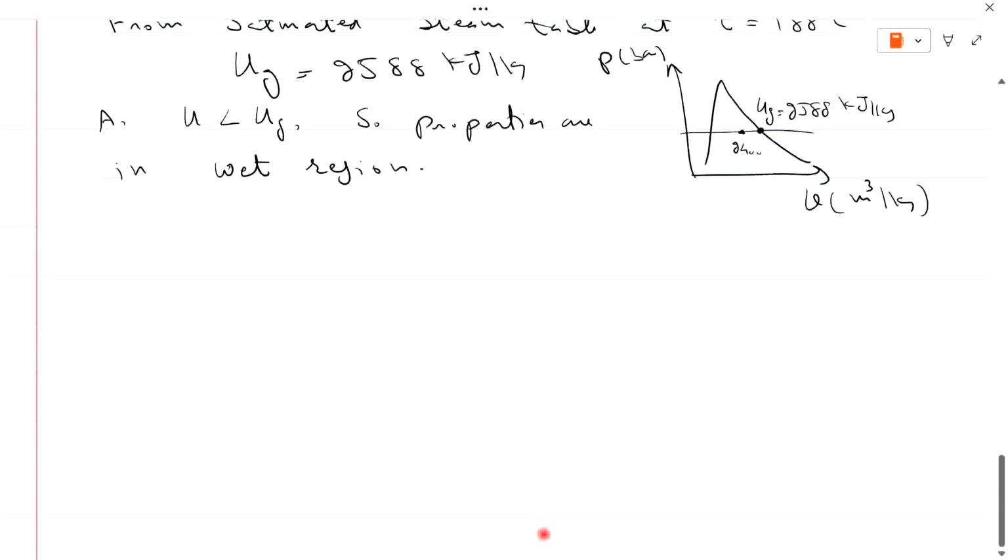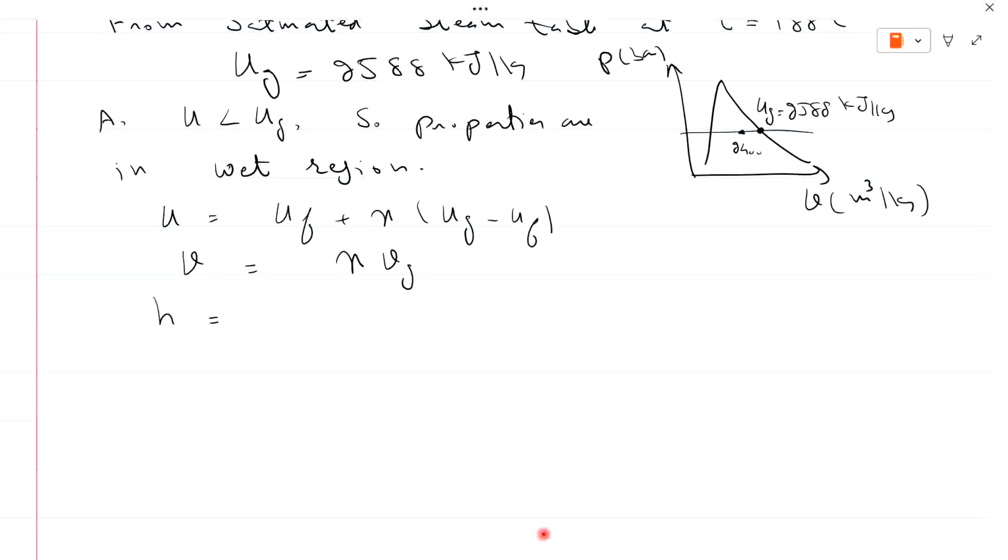First we find x from the formula U is equal to Uf plus x into (Ug minus Uf). Similarly, we find specific volume from V is equal to x Vg, and we find specific enthalpy from H is equal to Hf plus x into (Hg minus Hf). So find these values Uf, Ug, Vg, Hf and Hg from the steam table.